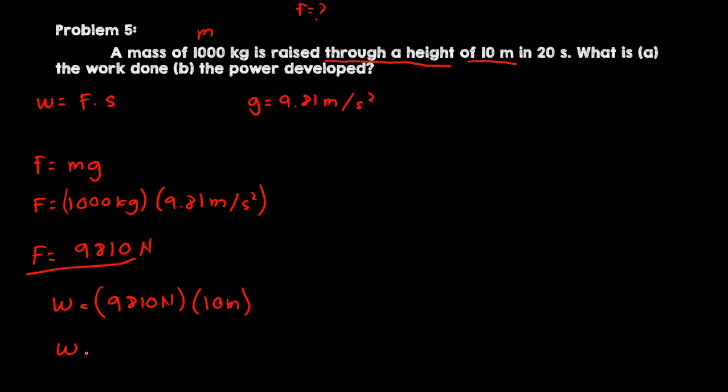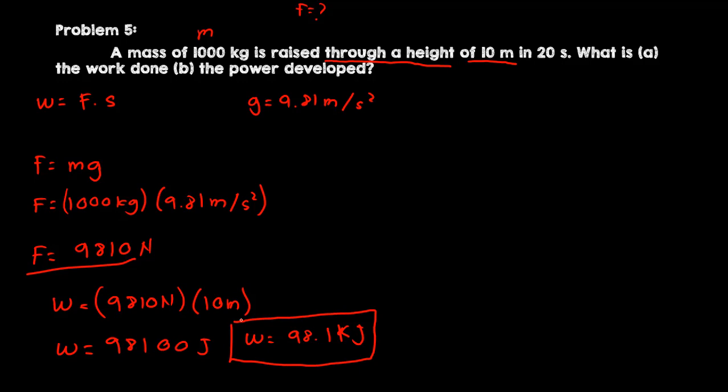So our work done is 98,100 joules. So convert lang natin. So we have work is equal to 98.1 kilojoules. That would be the answer.